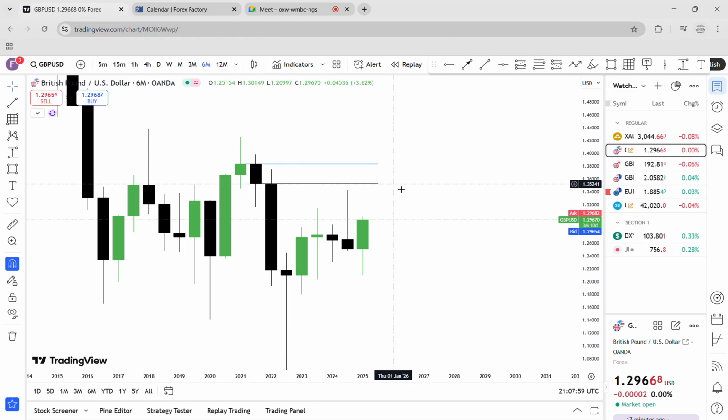What about if there are no pending orders there? That means price will not react from there. Price will just trade through it and go straight to where there are pending orders. That is basically why we have all these points of interest, because they are areas where institutional traders place their orders, either buy or sell.